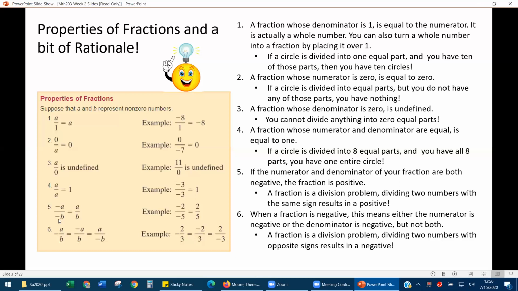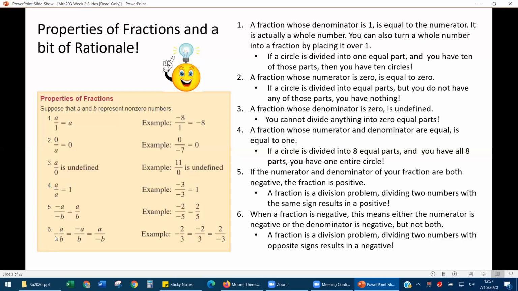If your numerator and denominator are both negative, the fraction is actually positive. Because remember, a fraction is a division problem. And a negative divided by a negative would be positive. So -1 over -2 would be positive 1/2.